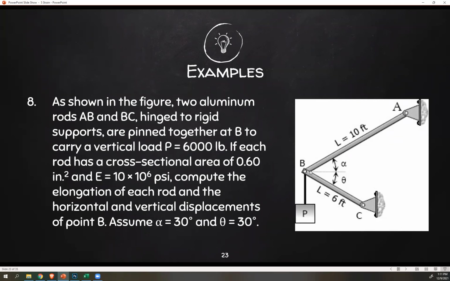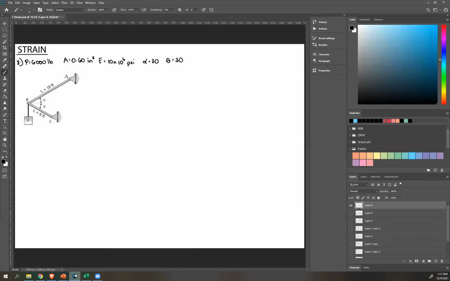Let's focus on the first part first, elongation of each rod. So we're looking for delta AB and delta BC. In order to do that, again, the equation is PL over AE. I need to solve for internal load P. And to do that, it's the same process as before. Draw a free body diagram, create equilibrium equations.